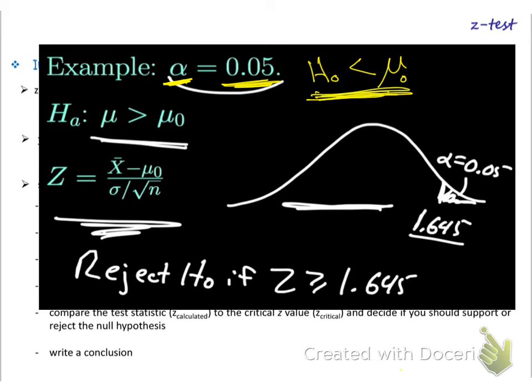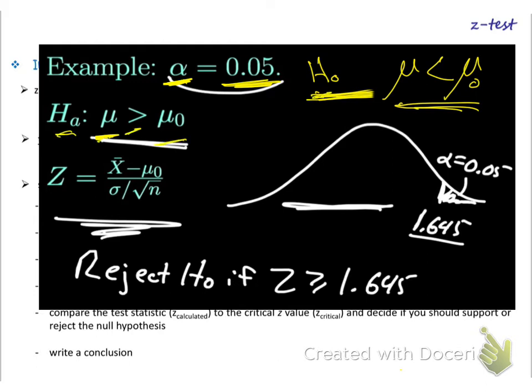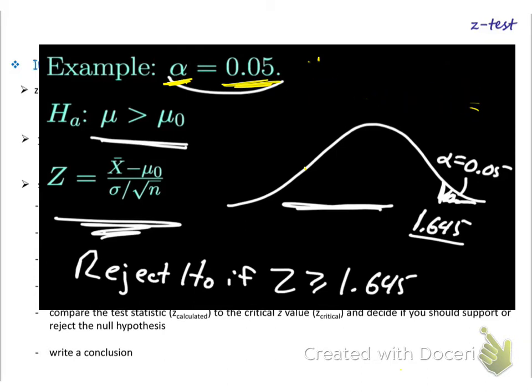So my alternative hypothesis, the opposite, will be that mu is greater than mu naught. The first thing is I assume the null hypothesis is something and the alternative is the other way around, and then prove which one of them is right.